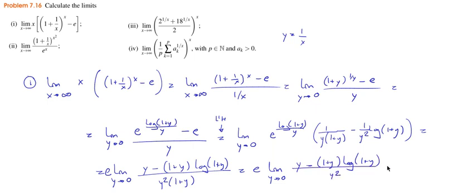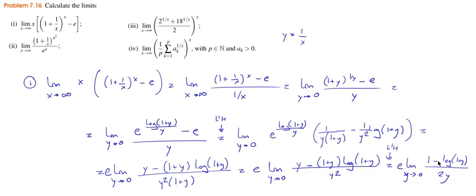And then we can apply L'Hopital's rule again to this, because this is 0 over 0, so this is e times the limit when y goes to 0 of, and then we have 2y, and then we have 1 minus the derivative of this times this, which is the logarithm of 1 plus y, minus the derivative of the logarithm, which is 1, times (1 plus y).